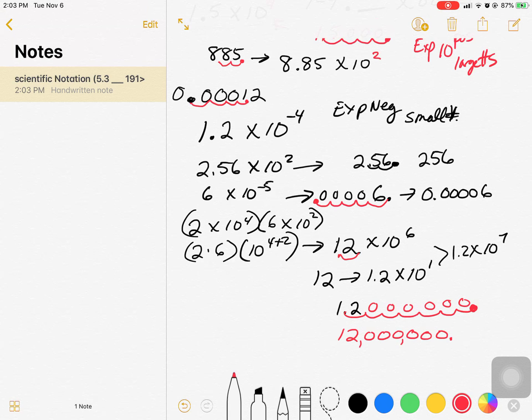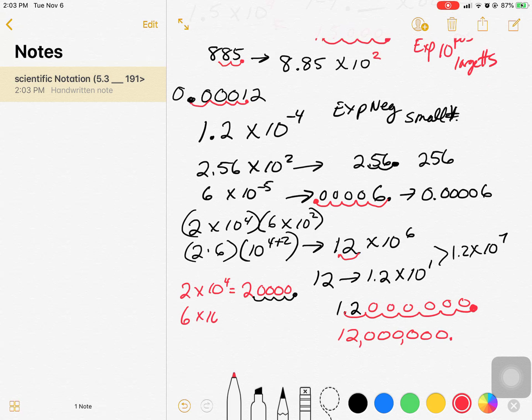So let me check that number up here. We had 2 times 10 to the 4th. Well, that equals 20,000.